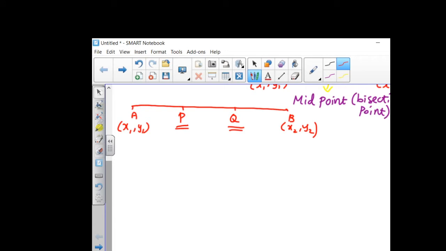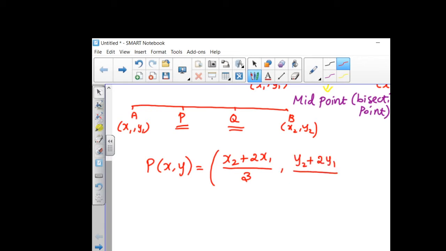So the formula is: the point P of x comma y is equal to x2 plus 2x1 by 3. In midpoint we use 2 in the denominator, here 3, because we divide it into three equal parts. Then the y point is y2 plus 2y1 divided by 3.